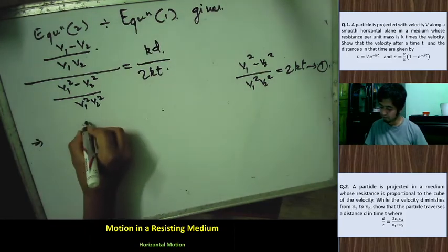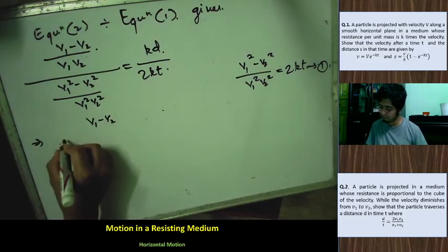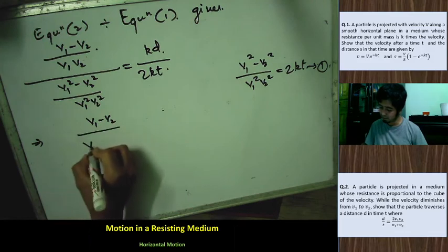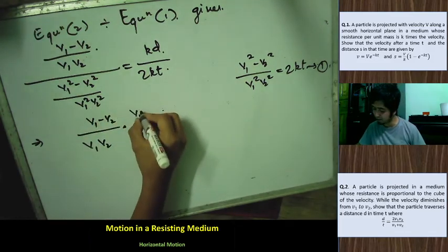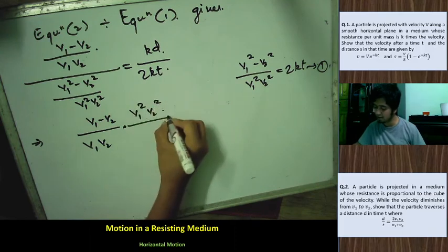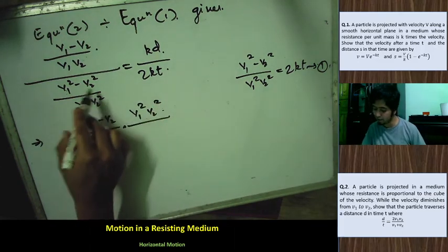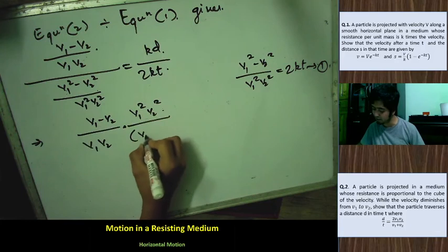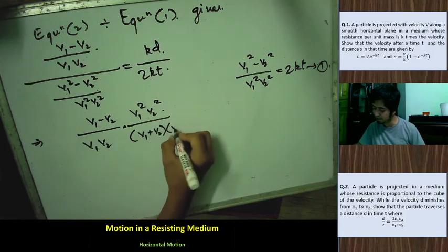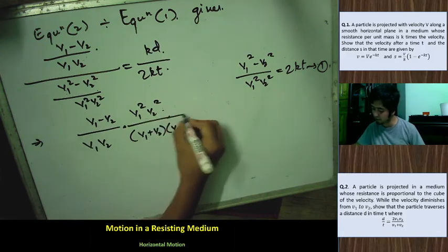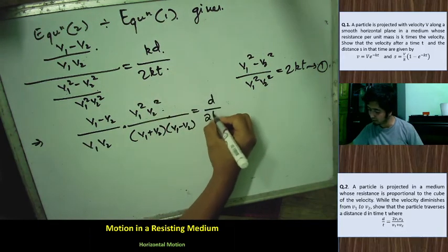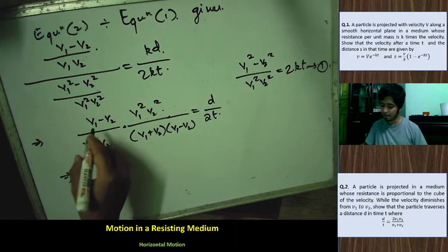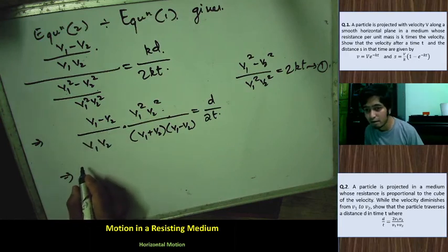So v1 minus v2 by v1 v2, times v1 square v2 square. I'm just writing it so I don't make any mistake. And v1 square minus v2 square, you can write as v1 plus v2 times v1 minus v2, equal d by 2t. Just simplify it. What will we be having?